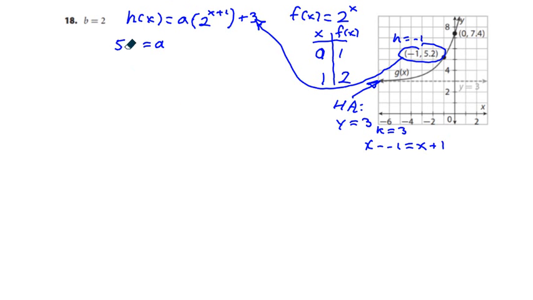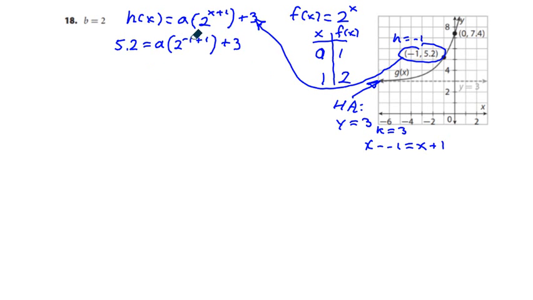So 5.2 equals a times 2 to the power of, and we have -1 for x, plus 1, and then on the outside plus 3.